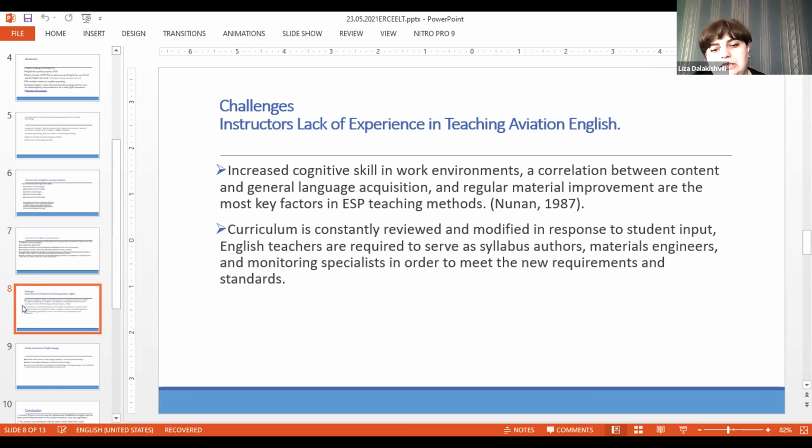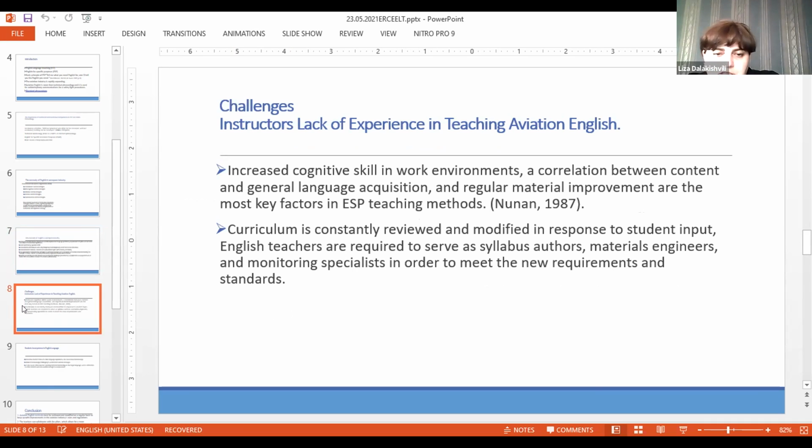The first challenge is the lack of teachers in this field, and also the program. For example, the curriculum is constantly reviewed and modified in response to students' needs.